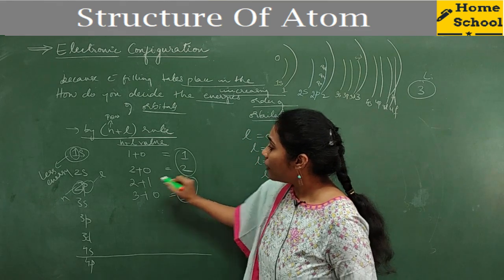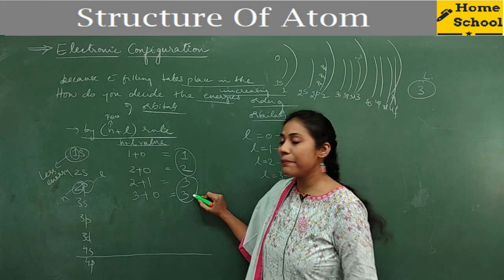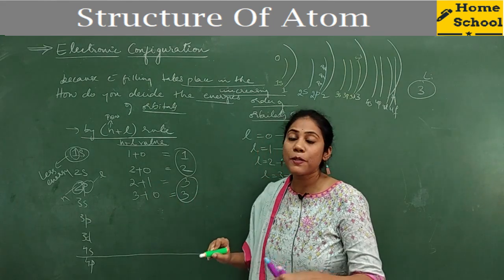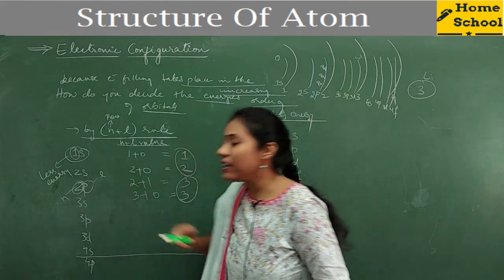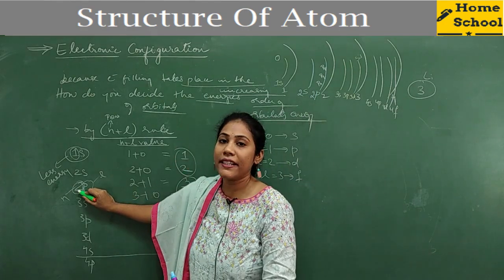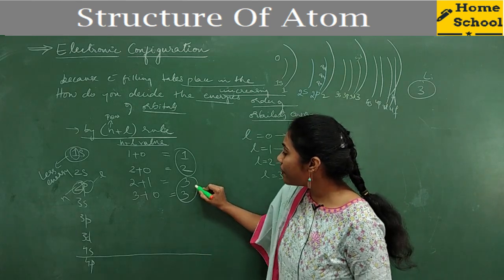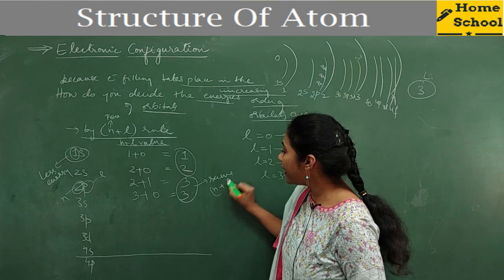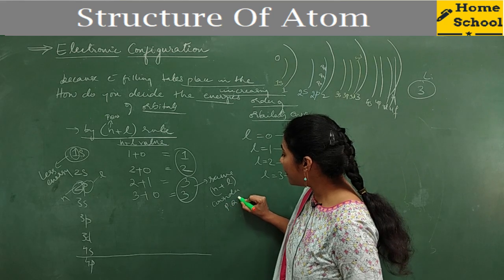So here for both the 2p orbital and the 3s orbital, you have got the same number. Then how do you decide which subshell has more energy? You will decide based on their principal quantum number. The one which has less principal quantum number will have lesser energy. In this case, when you get the same N plus L value, then you have to consider the principal quantum number.